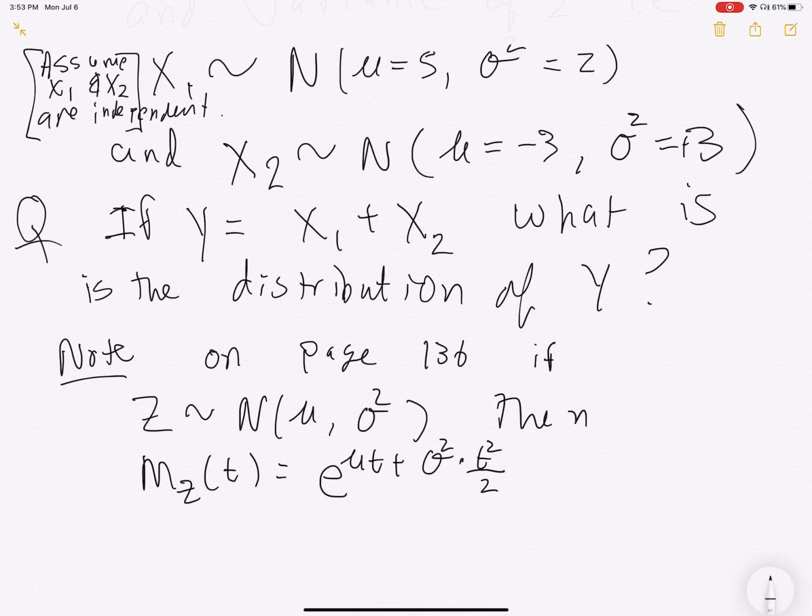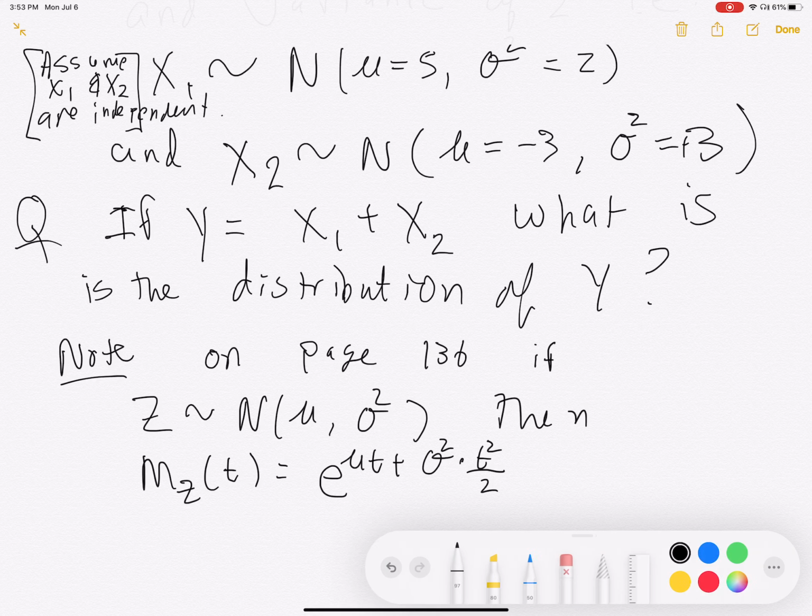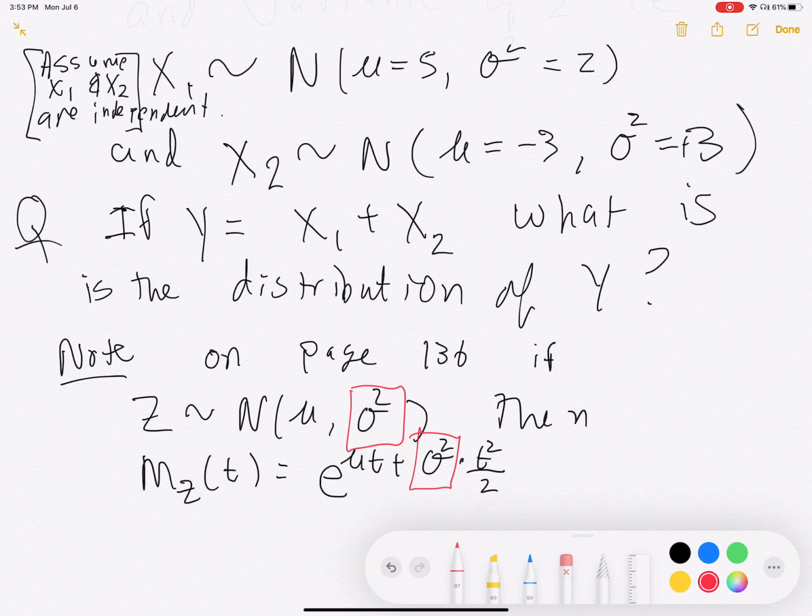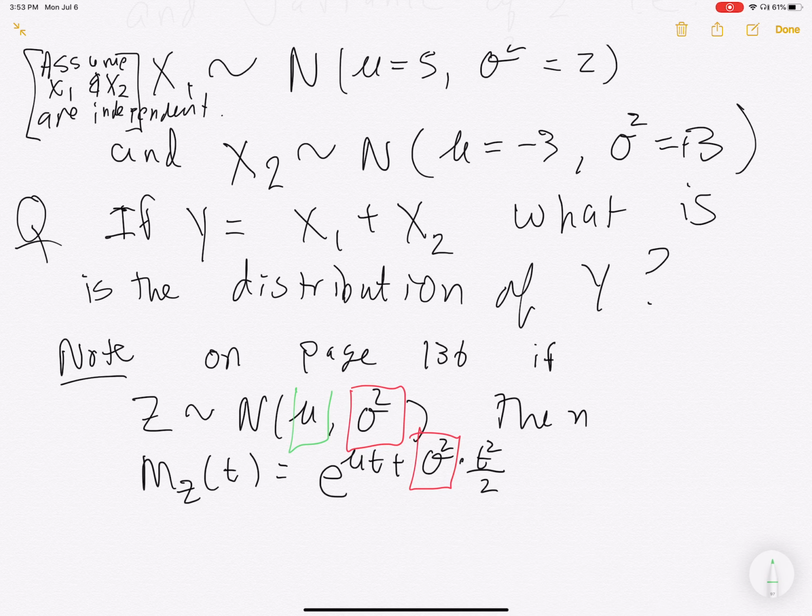So here the important thing to notice is that the variance of z is multiplied by t squared over 2, and that the mean is multiplied by t. Okay.